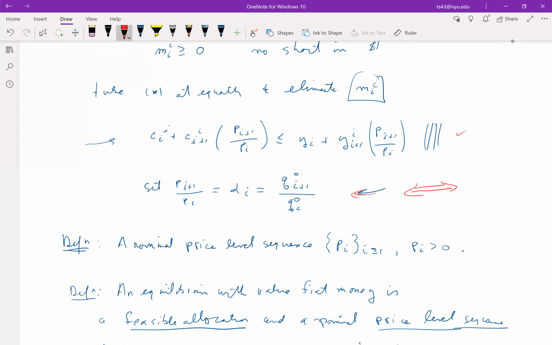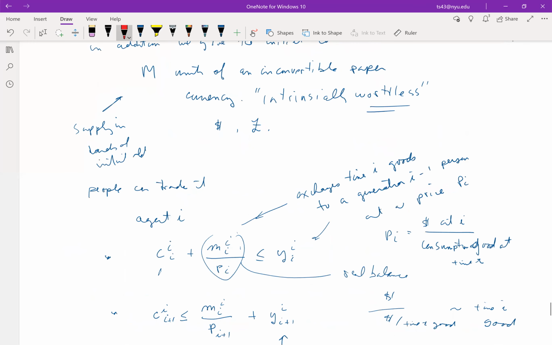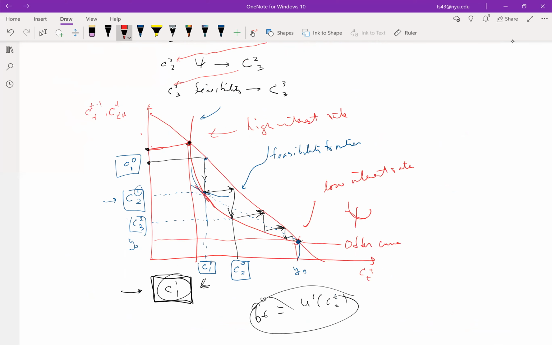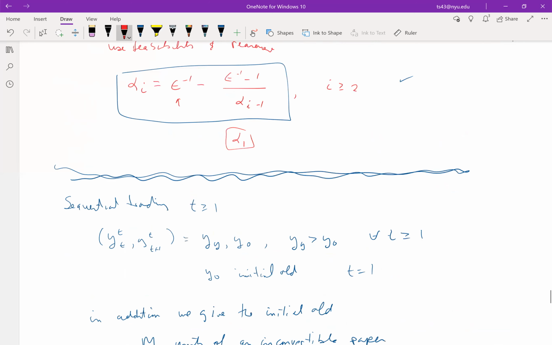So if we have one of those equilibria, we can just interpret alpha I as what we get from this machine. There's a monetary equilibrium embedded in each one of these paths, believe it or not. So all of these equilibria with all these possible paths are consistent with a monetary equilibrium.